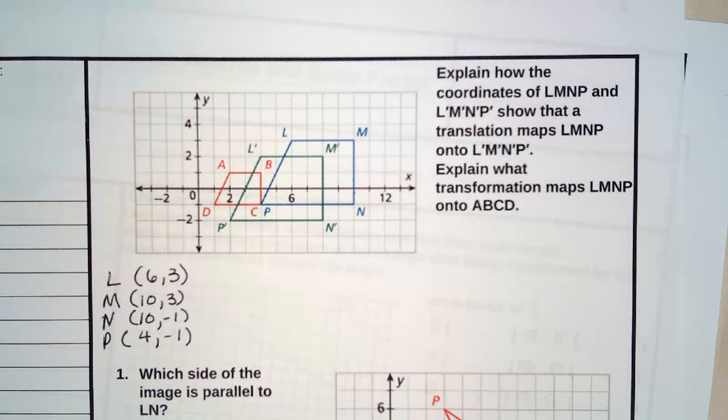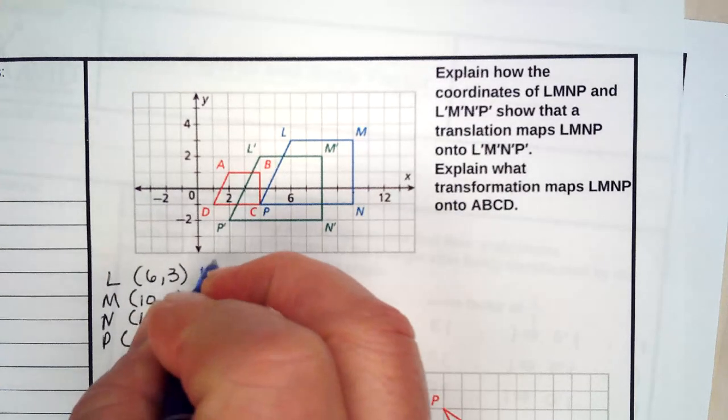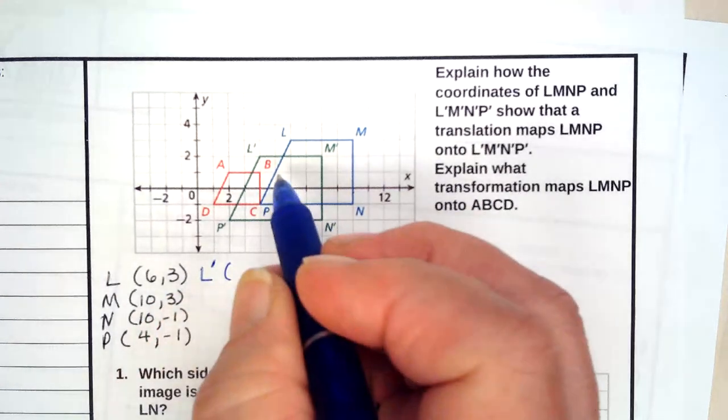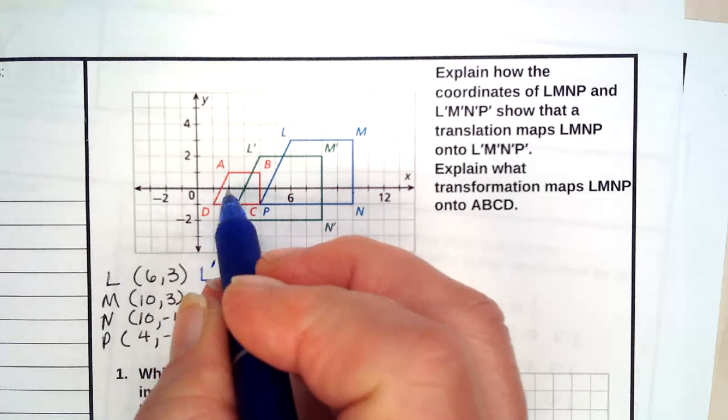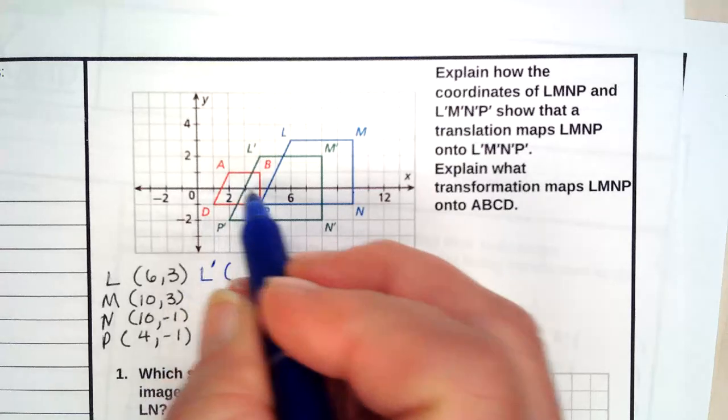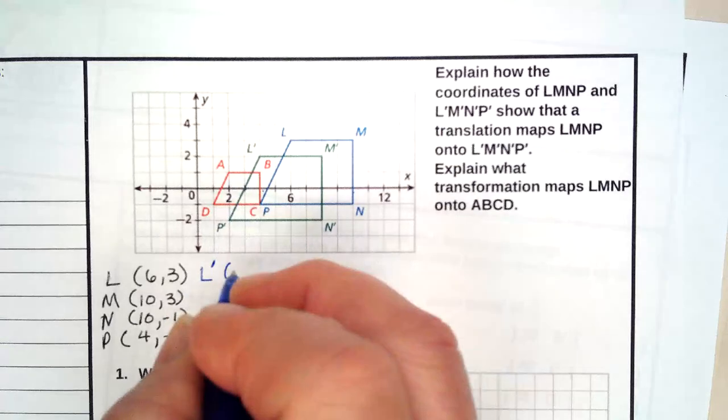Now let's look at their transformed images. L prime is 4, 2.